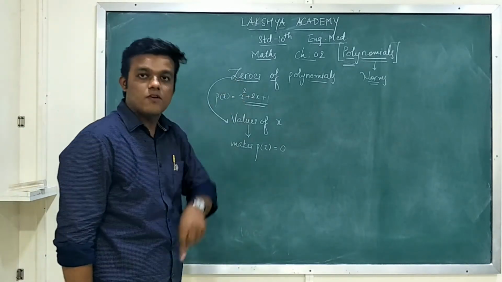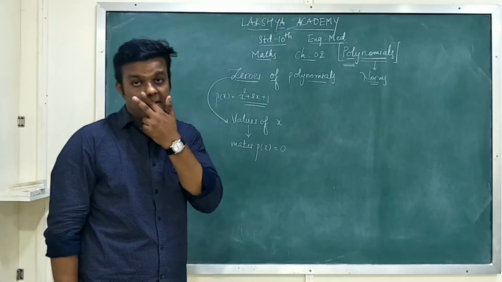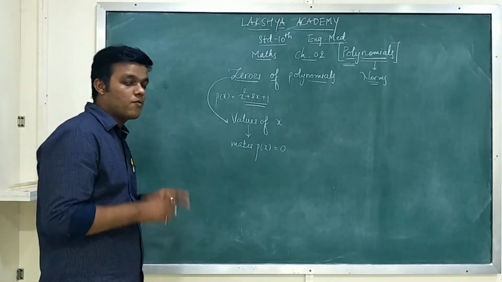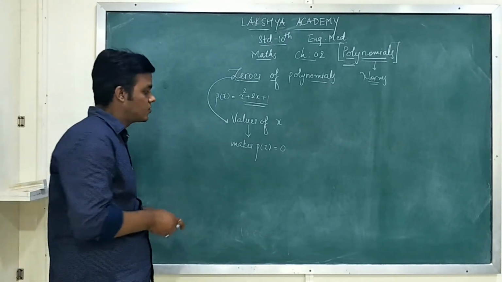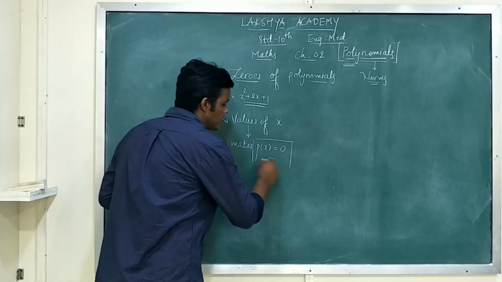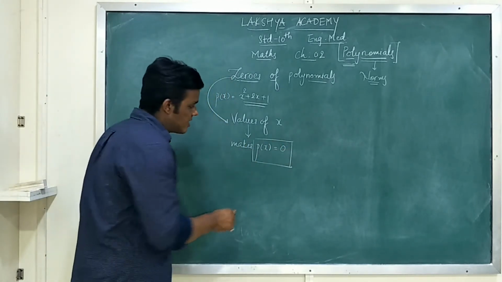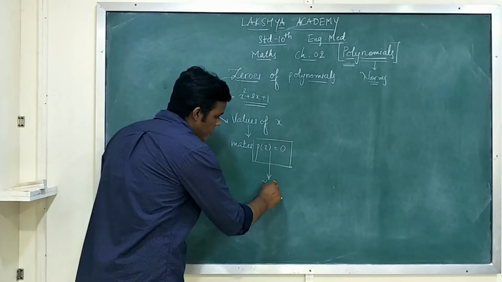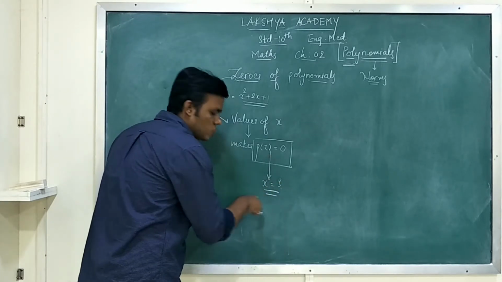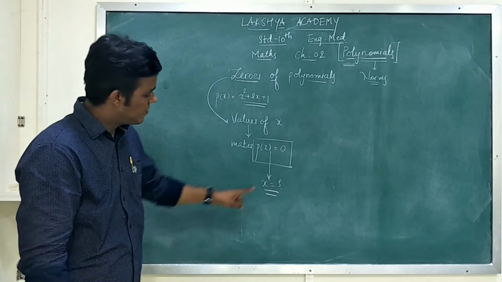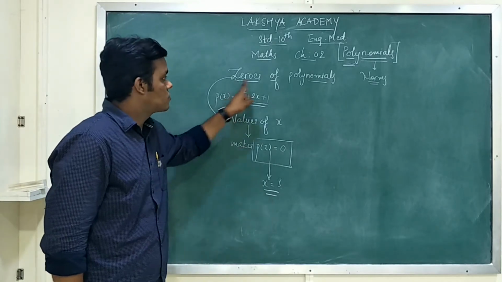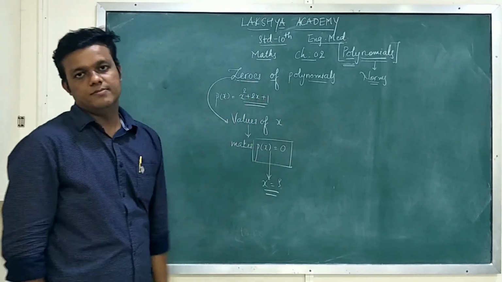Zeros are the values of x which make the polynomial 0. So if you want to find zeros, you will have to consider the polynomial equal to 0 first. Then you will solve this to get the value of x, and those values will be called zeros of that particular polynomial.